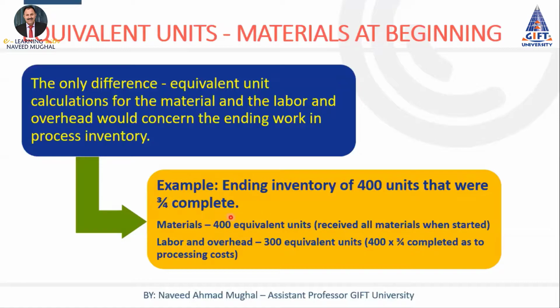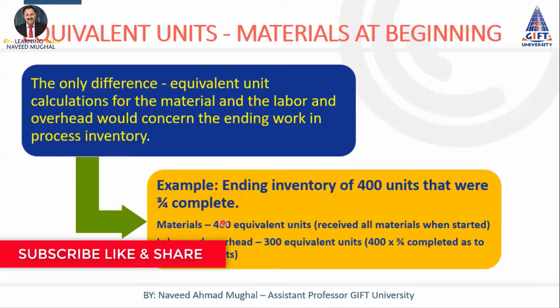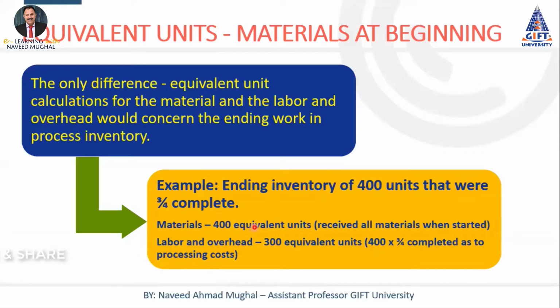And when we apply the formula, that is units multiplied by stage of completion, the stage of completion with respect to material is 100%. So 400 multiplied by 100% is 400 units with respect to materials. But the equivalent unit with respect to labor and overhead, or conversion cost, would be different, because these 400 units are 3/4 completed.